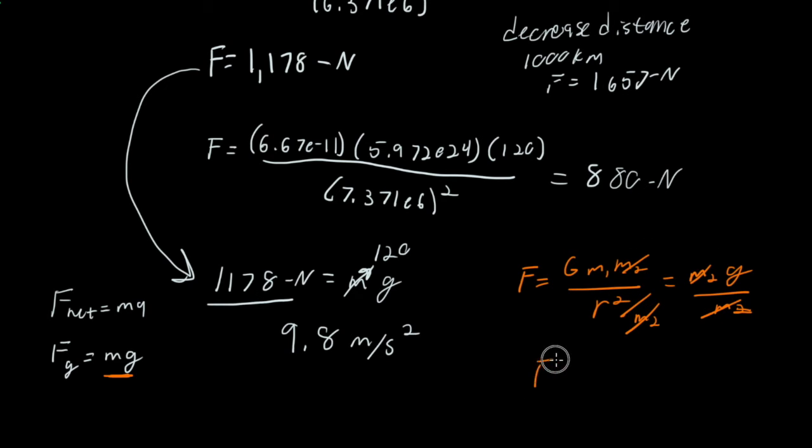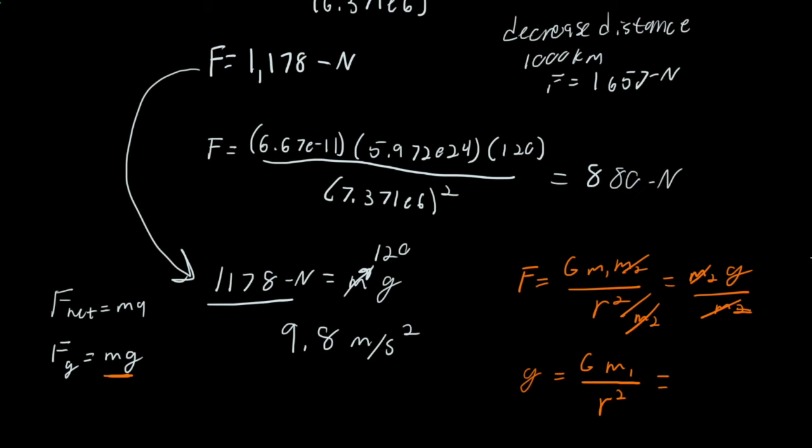And we're left with g equals our gravitational constant times the mass of the planet we're standing on divided by the radius of that planet squared. So if we're looking for any local field of gravity, I should actually change this F to a g. There we go. The local field of gravity for any planet, you're just going to need those two numbers, the mass of that planet and the radius of that planet. And those are usually pretty easy to find on Google.